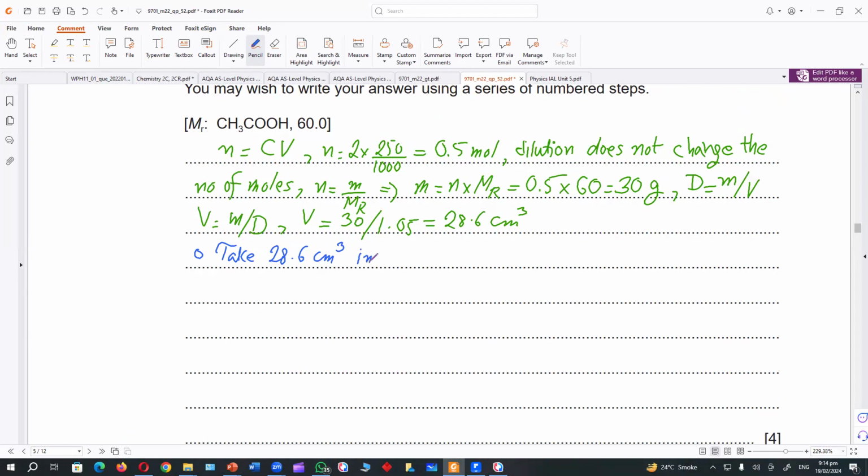Twenty-eight point six cm cube. What apparatus should I take? Should I take burette? Yes.